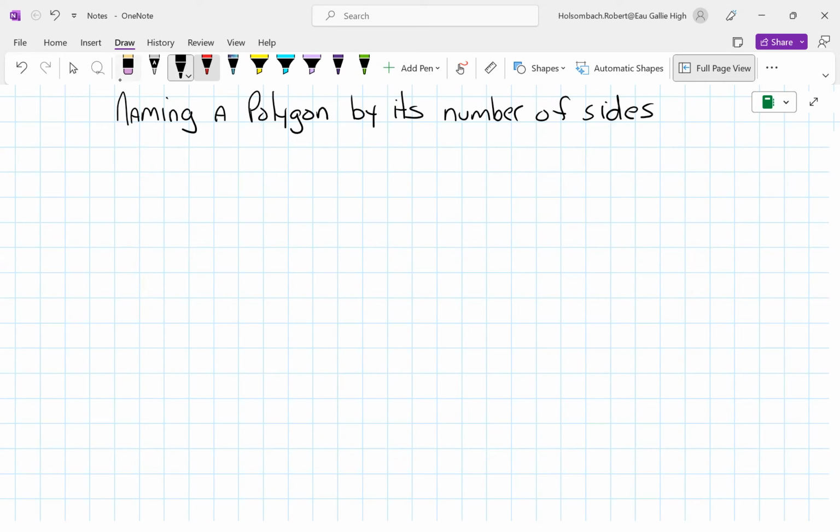And you want to know, I say up to 10, but let's say you need to know the name of the polygon up to 12 sides, actually. All right, and all of those are listed on the top of page 57. So number of sides and then the name.